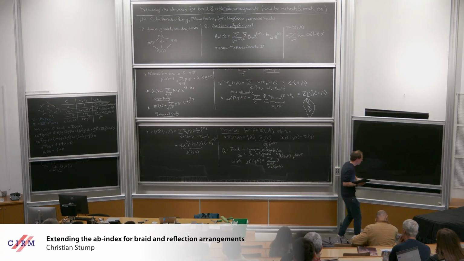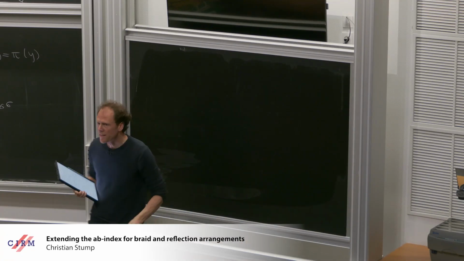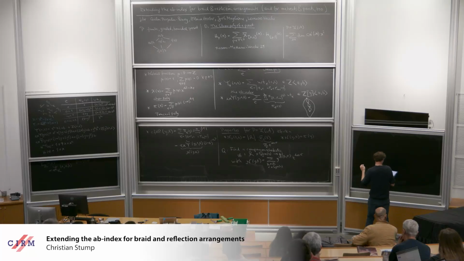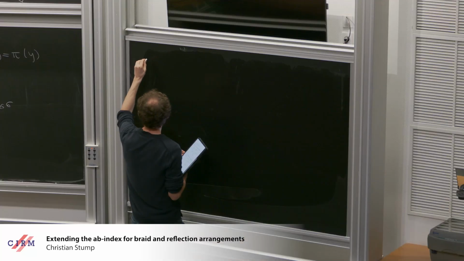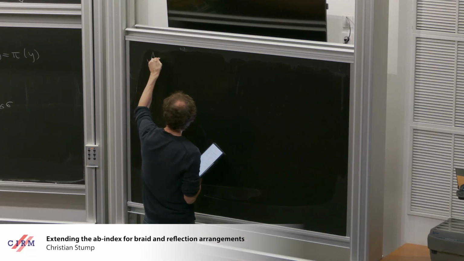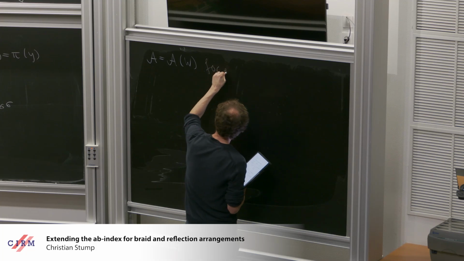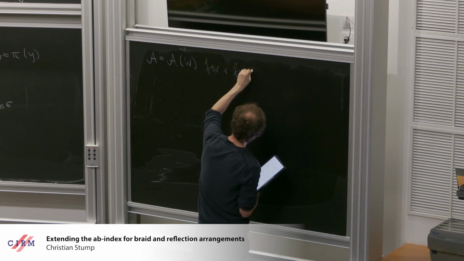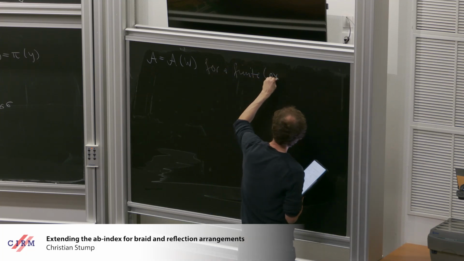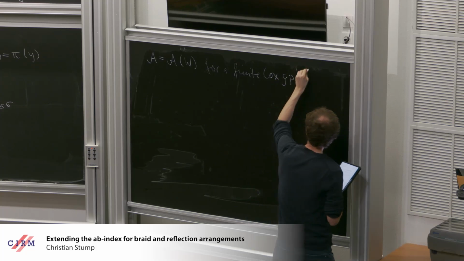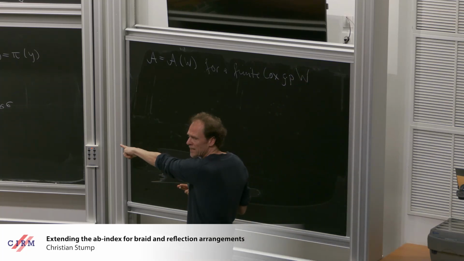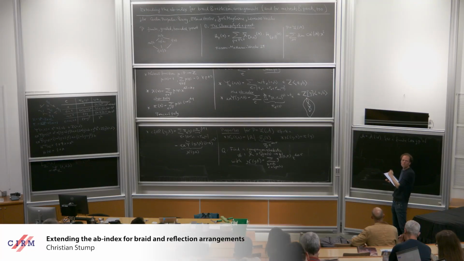So to make an intermediate statement, if the arrangement happens to be a reflection arrangement, so if A is equal to A of W for a finite Coxeter group W, then the regions are actually labeling the elements of the group.